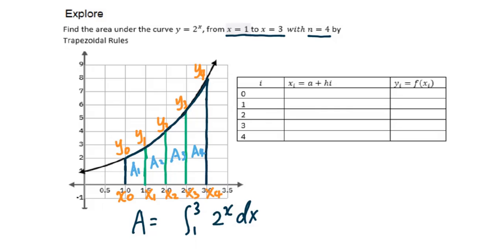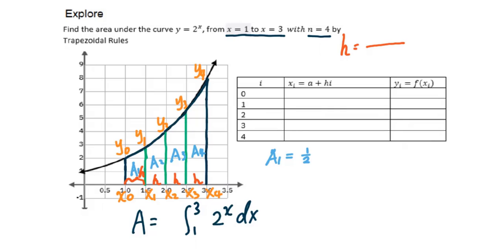For A1, use the area of a trapezoid. You will get 1/2 times the height. This is the height, so basically they will have the same height. I use h to stand for that. So here's h, this is h. How do you work out this h?